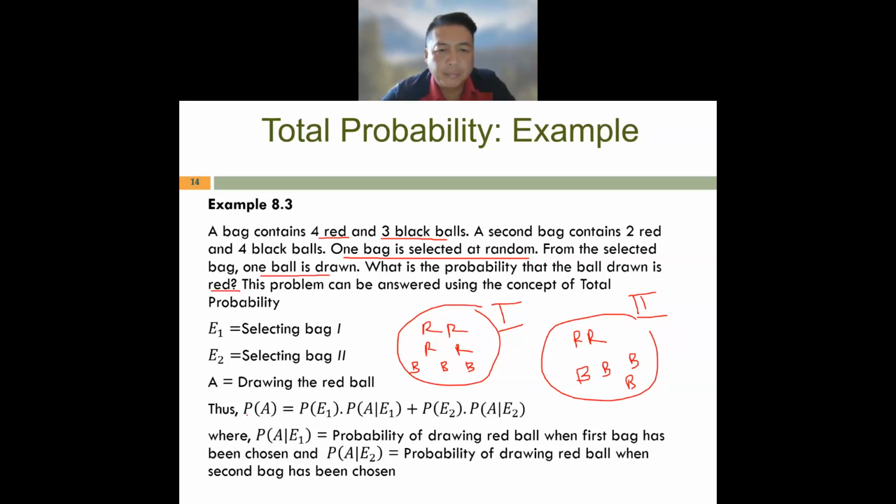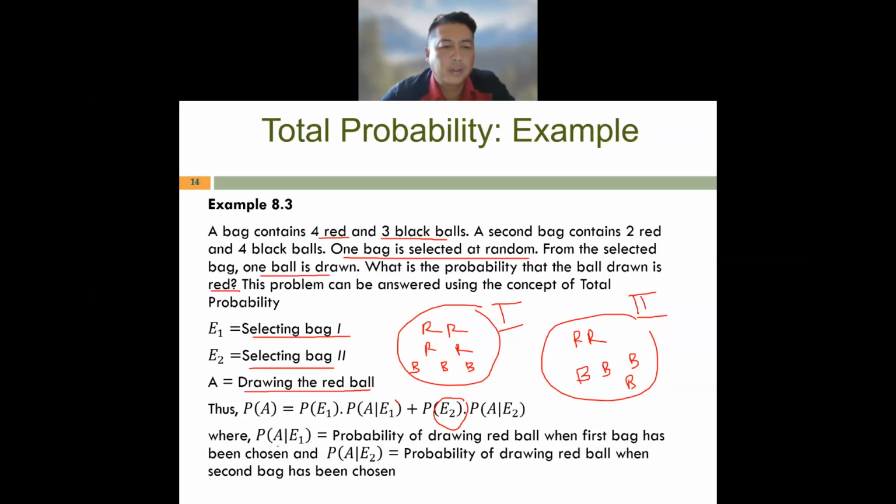So we are looking at the probability of drawing the red ball. The first event is selecting bag 1, and the second event is selecting bag 2. So we just add them.